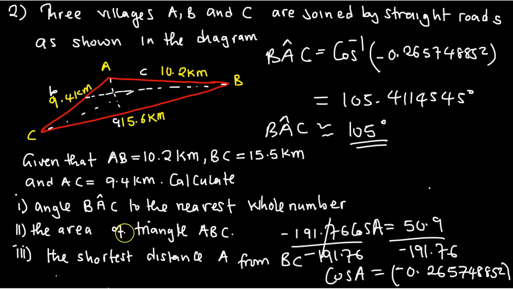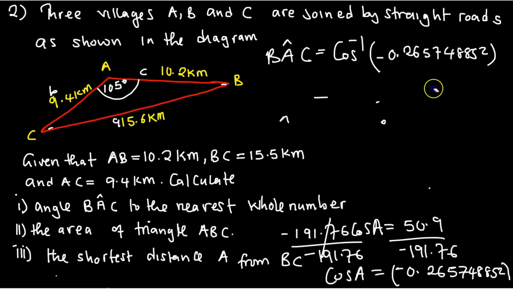Then now the other question is to find the area of triangle ABC. So we can put in this angle that you found here, the 105 degrees. And now this one becomes the included angle. So let us go on and find the area now.